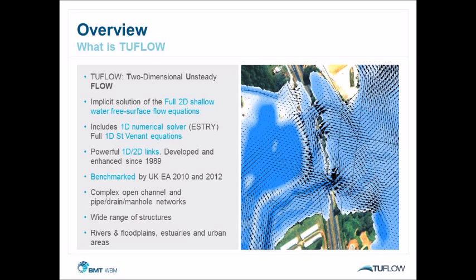It started off as an estuarine modelling 1D system developed by BMT WBM in the 70s and then enhanced since then. It solves the full 1D St Venant equations, but since then it's been extended to probably have the best pipe network manhole modelling system available these days. So you can really model everything from open channels through to your pipe drainage systems.